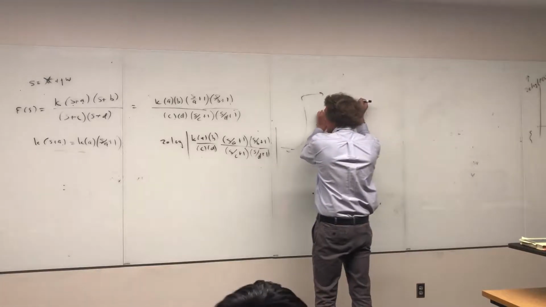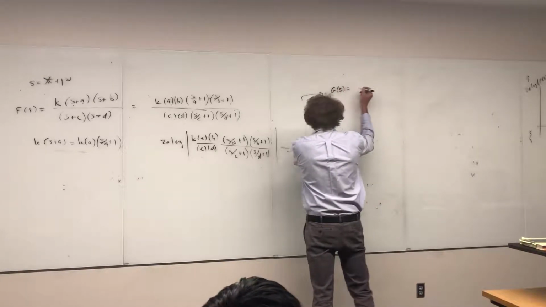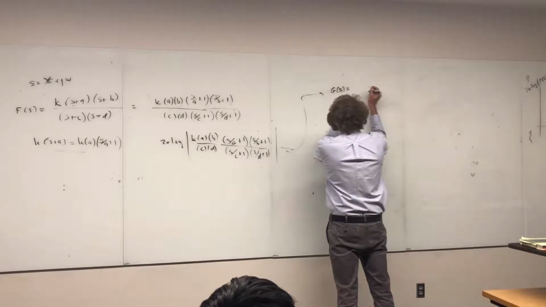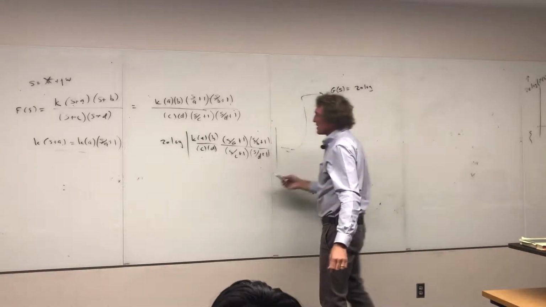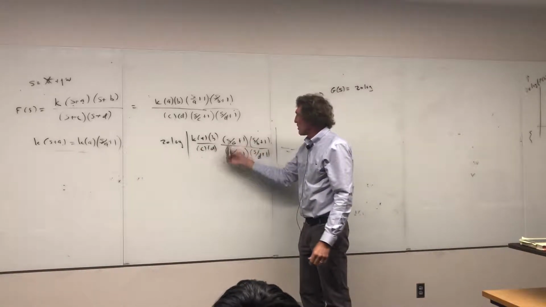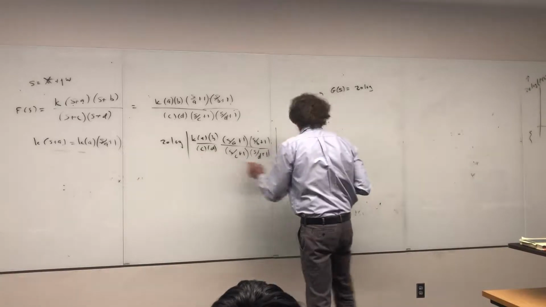So here, now what I'm going to plot, and I might as well just call it G of S, is going to be equal to 20 times the log. Now, you all agree that log A times B is log A plus log B, right? So I break out the first term by itself.